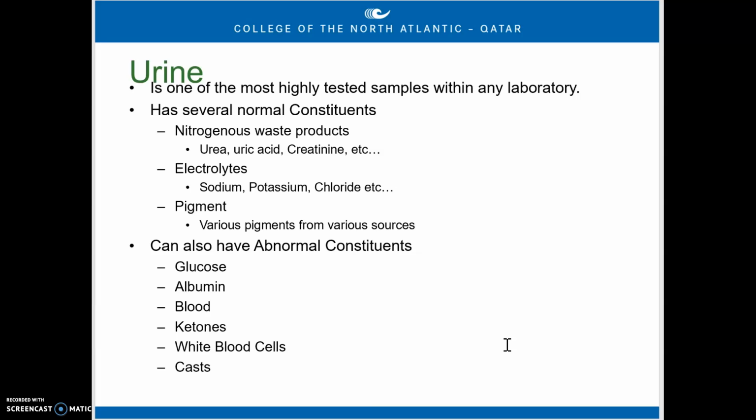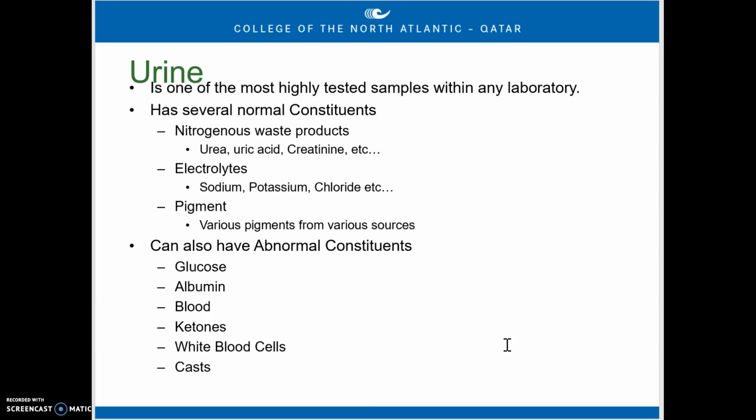So we're going to lose some nitrogenous waste products like urea, uric acid, creatinine. We're going to lose some electrolytes: sodium, potassium, and chloride. Those are definitely going to be lost in the urine. We'll also lose some pigments, and generally when we're talking about pigments, we're talking about stuff produced in the liver, bile pigments, for example. So some of those are going to show up naturally every time.